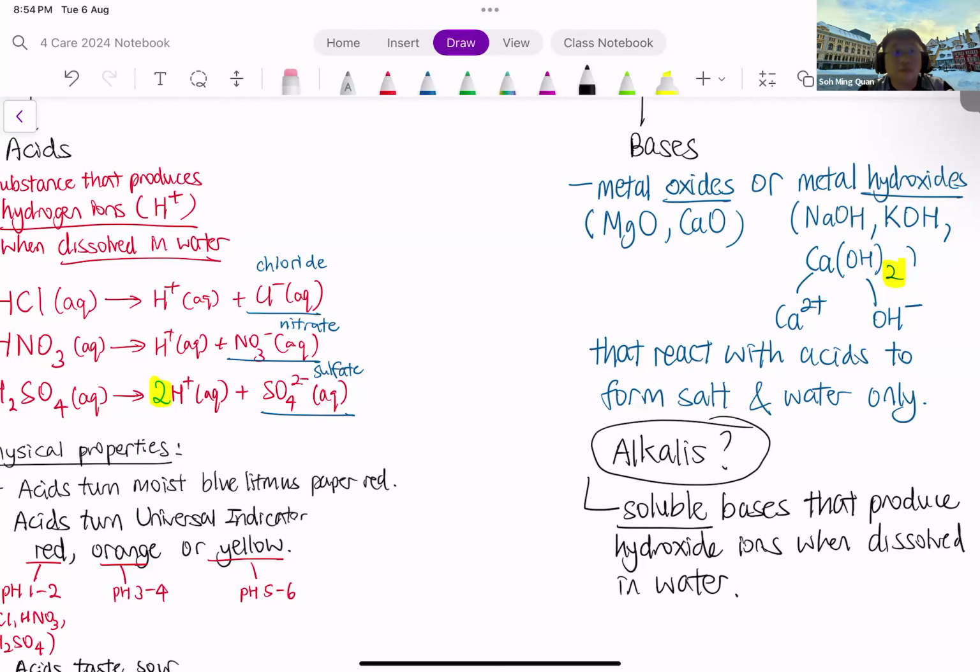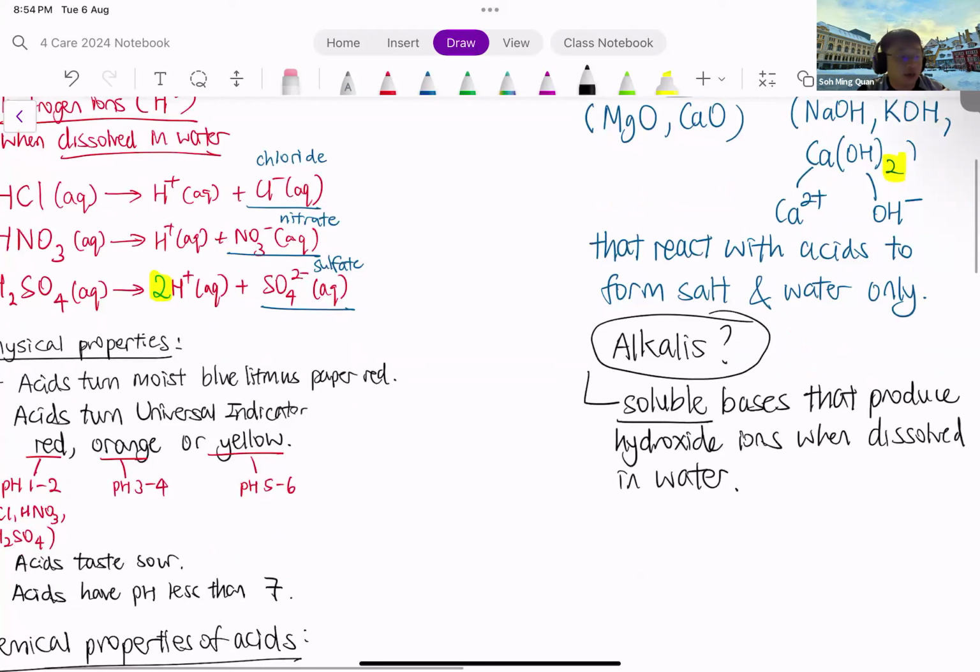So they must dissolve in water, and when they dissolve, they form hydroxide ions. That's the definition of an alkali. Now that you know what is a base and what is an alkali, the only difference between base and alkali is that alkali must be aqueous. Bases don't need to be aqueous. Okay?